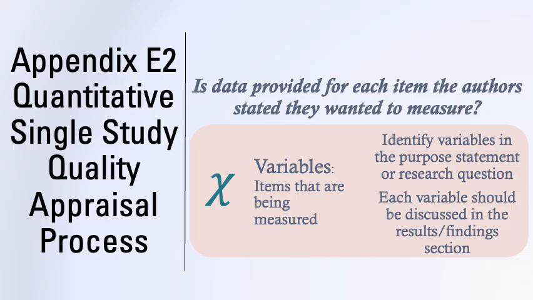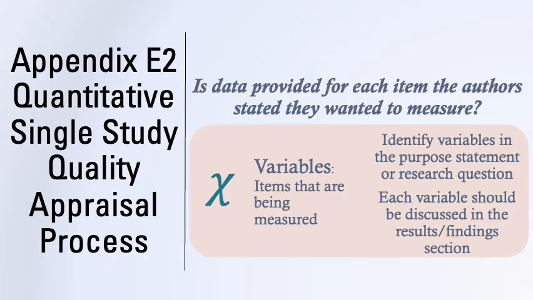The most efficient method to do this is go back to the study purpose and research question. Remember that within the study's purpose, the authors should indicate all the variables they intend to measure. You should also be able to identify these variables within the research question. The study purpose and research question should also provide insight onto how the researchers intended to measure the variables.